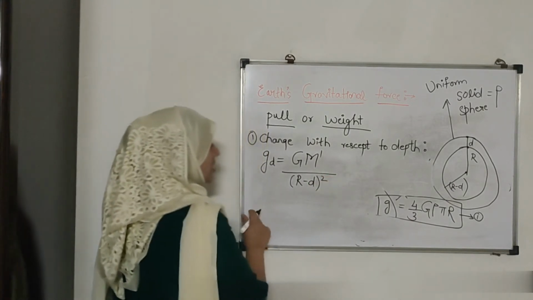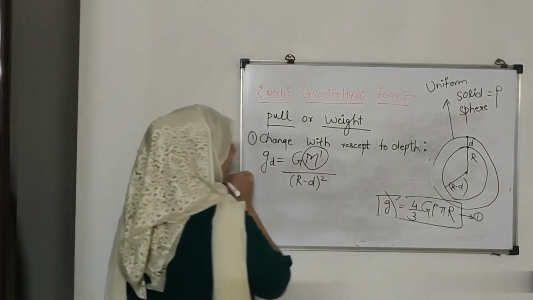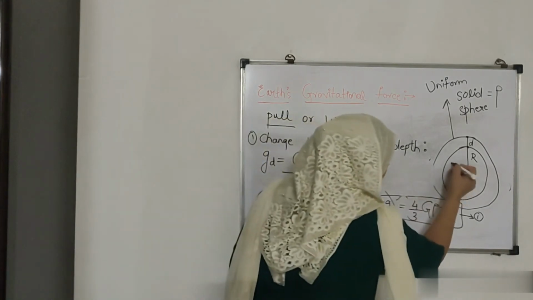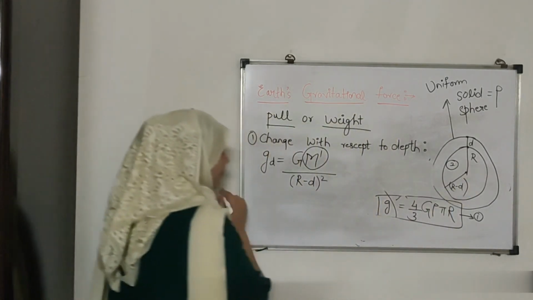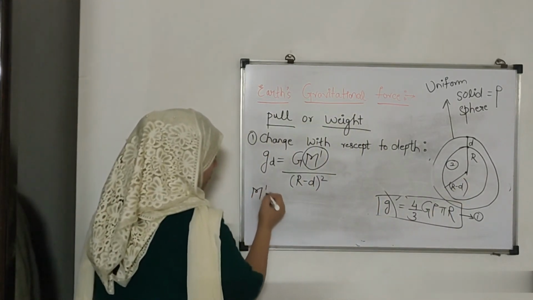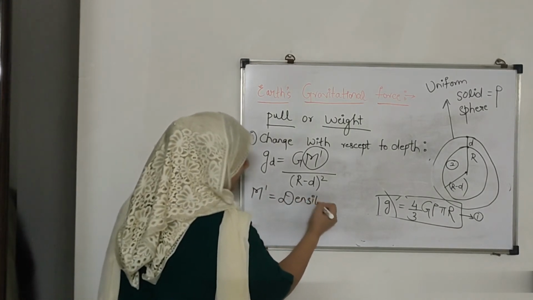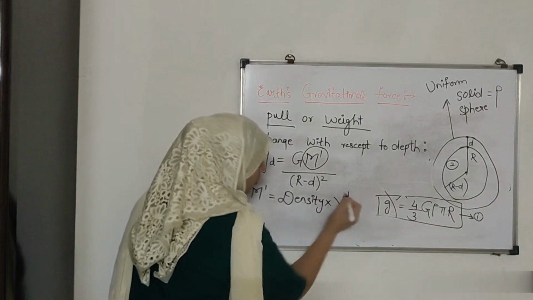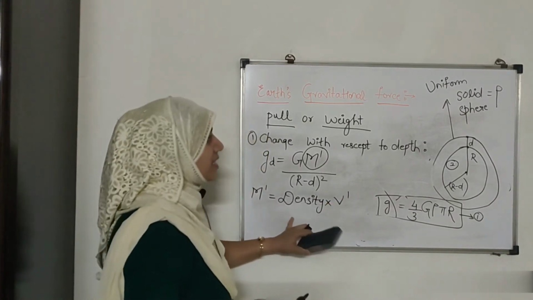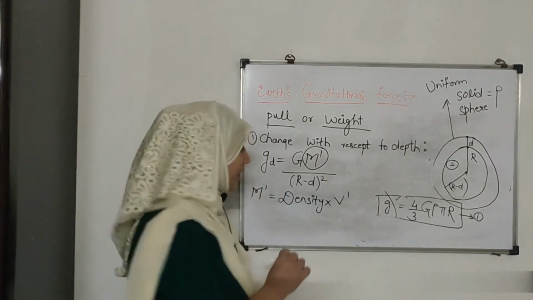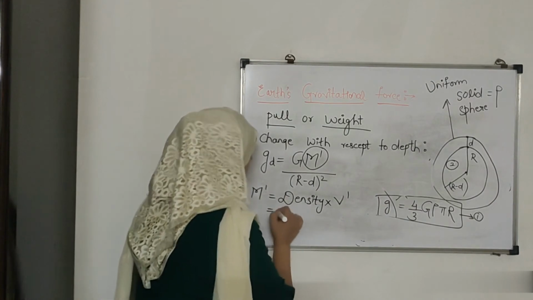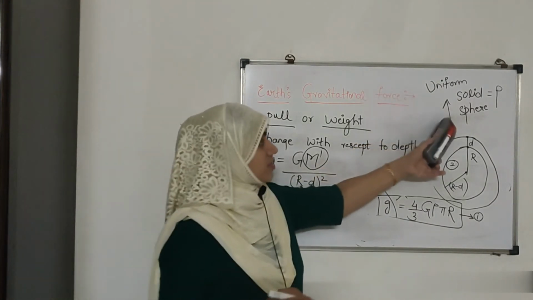Now what do I mean by M dash? That means the mass of this second sphere. See, M dash is equal to what? Again, density of the second sphere into volume of the second sphere. Now density I am going to take rho, because we have considered the earth to be a uniform solid sphere.